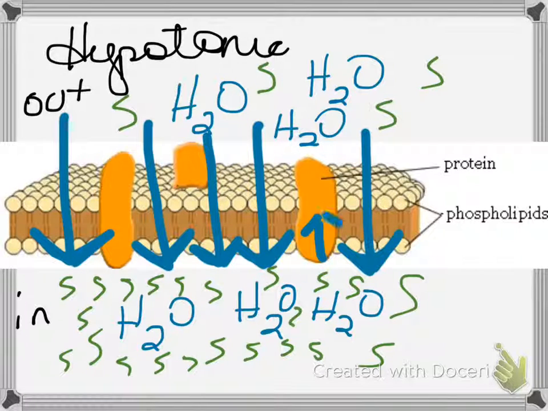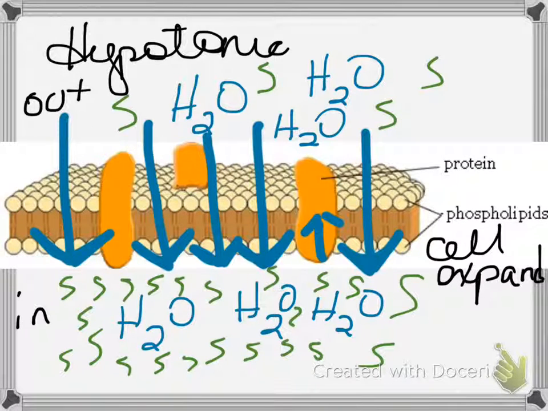A little bit will make it back through, but most of it's going to go rushing into the cell. Hopefully you can guess that this would also cause a problem. The cell is going to expand because so much water is coming in, it's actually going to get bigger.